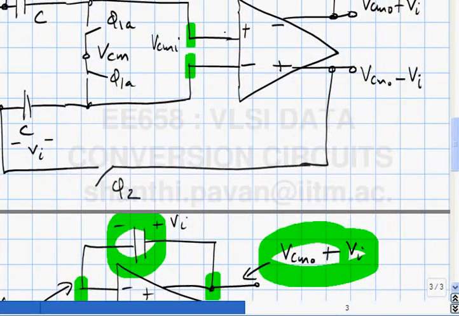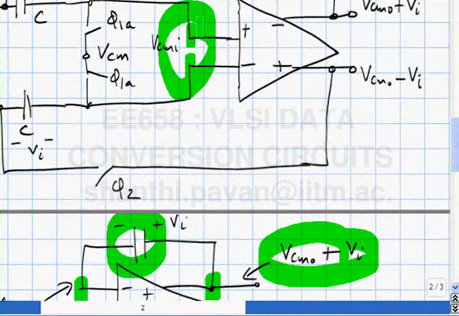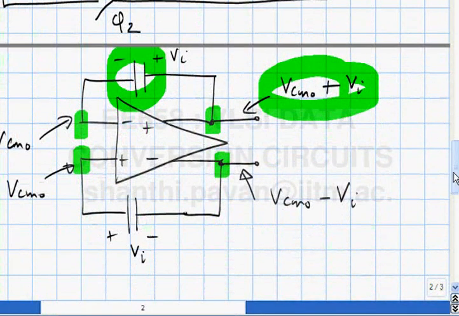During phi 1, when phi 1 is high, what is the input common mode voltage of the op amp? It's VCM. During phi 2, what is it? It is VCMO. So, it basically means that the input common mode of the op amp is jumping between phi 1 and phi 2.